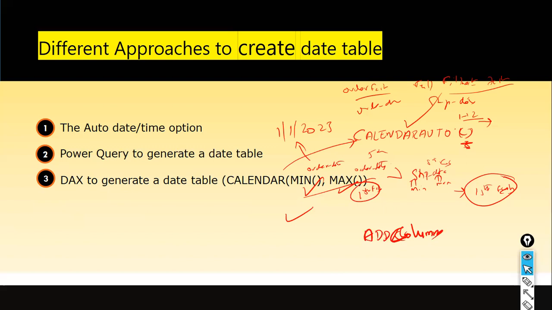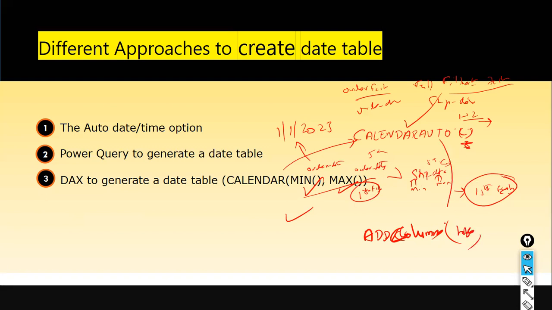Like calendar auto, the function returns a table. ADDCOLUMNS also returns a table, but the ADDCOLUMNS function takes a table as its argument. You need to specify the table; the first argument is supposed to be a table.